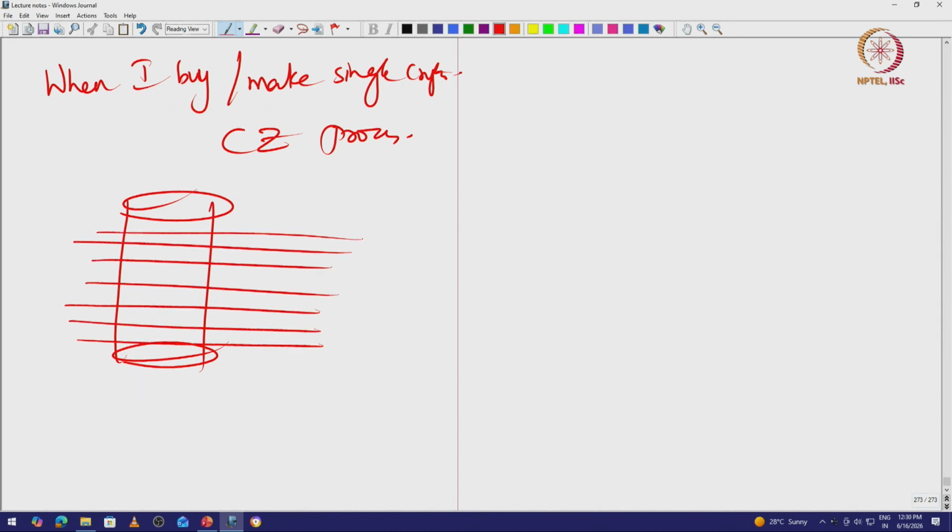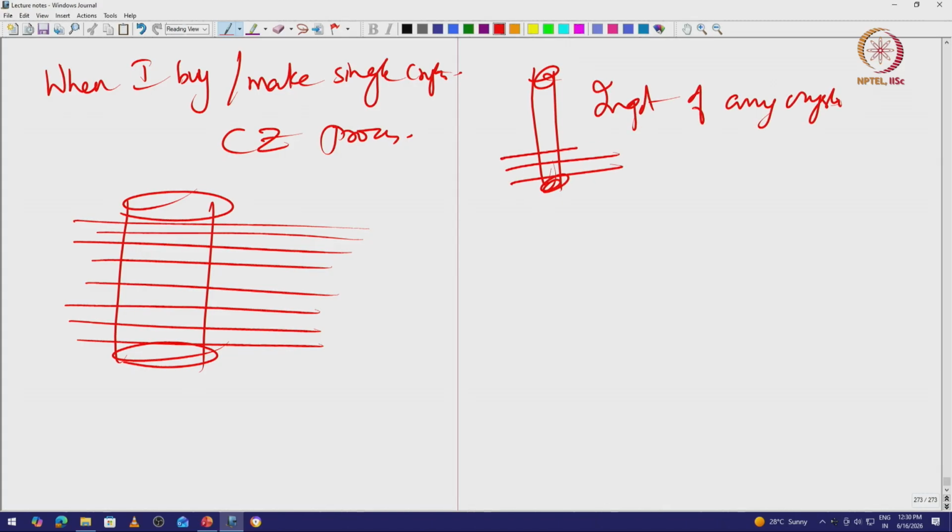Similarly, I grow any other crystal as an ingot, an ingot of any crystal, and eventually I cut it.